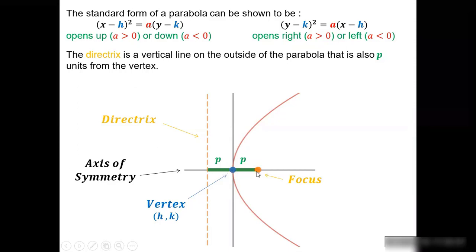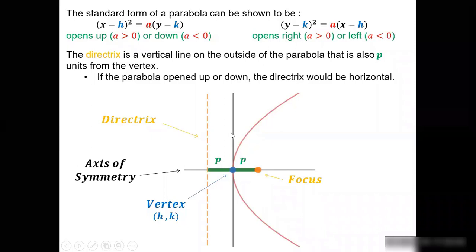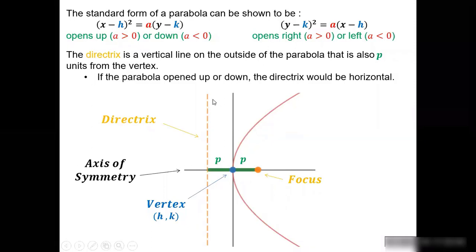So if all we know is p, we could find these two important features of the graph, namely the focus, which is p units from the vertex, and the directrix, which is also p units from the vertex. Now, if the parabola opened up or down, we would realize that the directrix would be horizontal because the axis of symmetry would be vertical. I encourage you to draw a rough sketch to see why that would be.